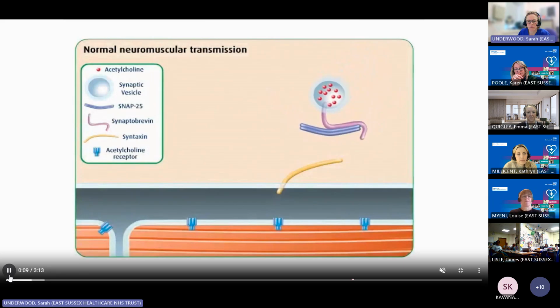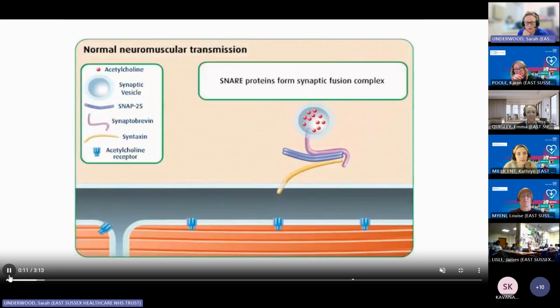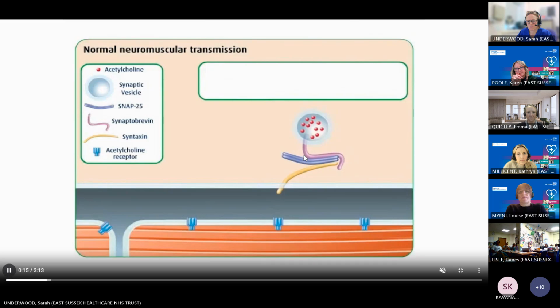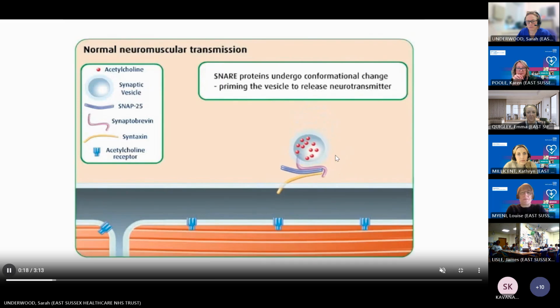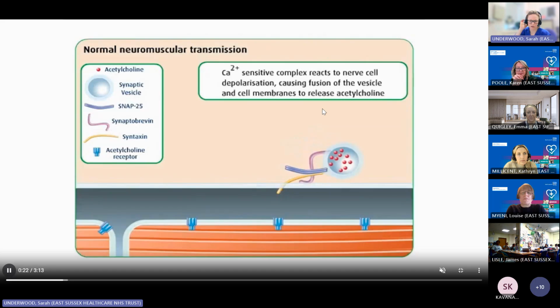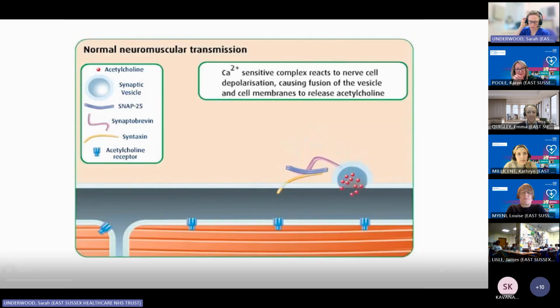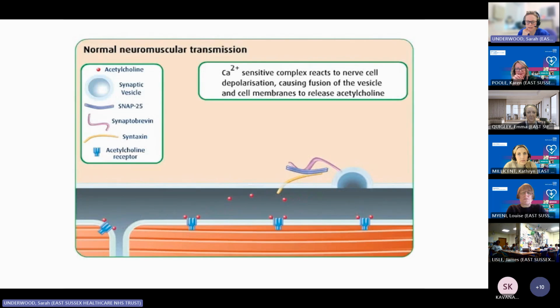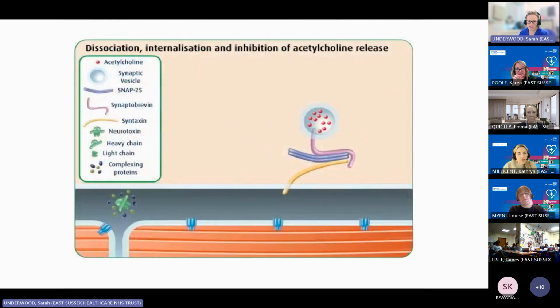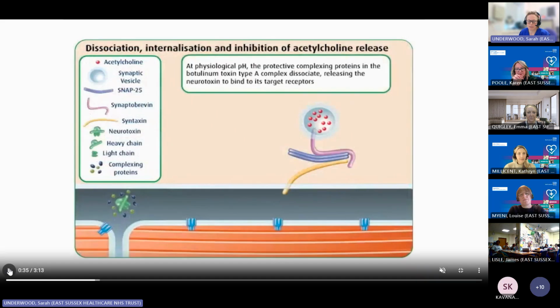This is your snare protein. This then binds with the postsynaptic membrane, triggering the next chemical and electrical cascade, resulting in a muscle contraction.